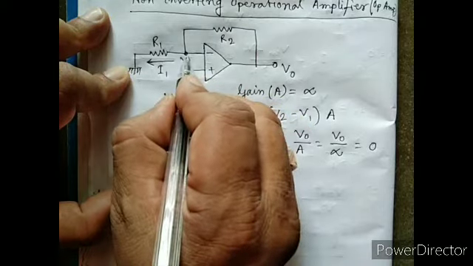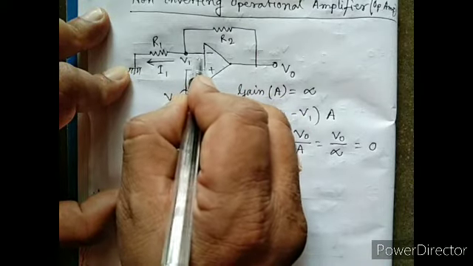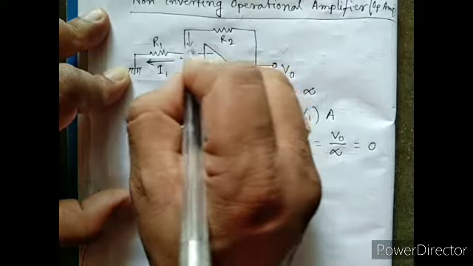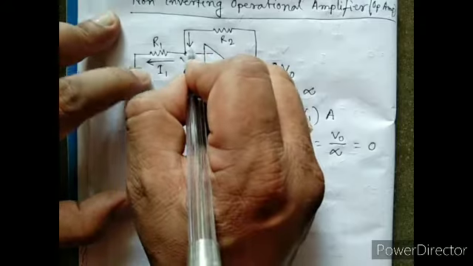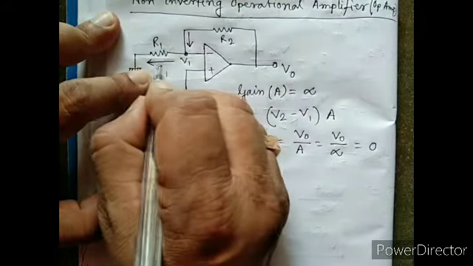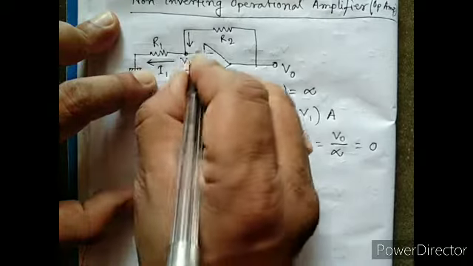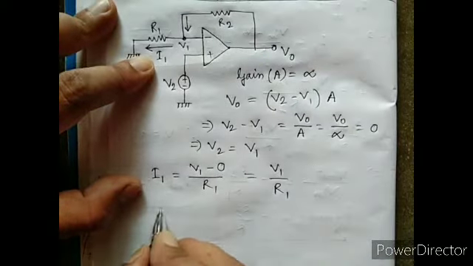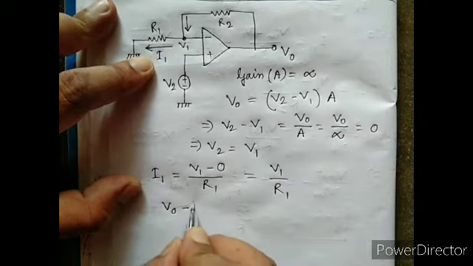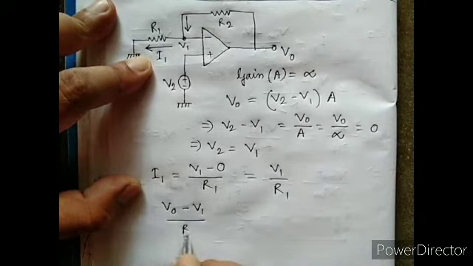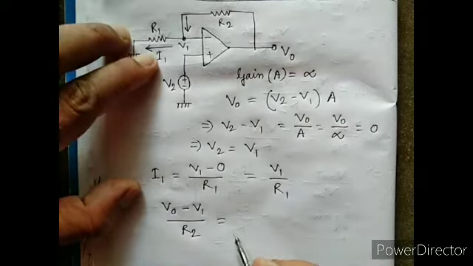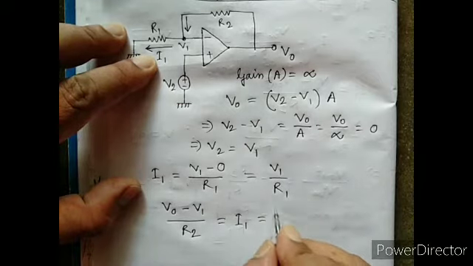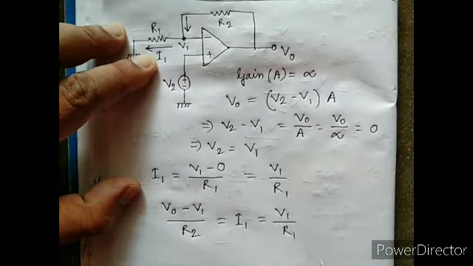So, no current will pass through this branch, and the whole current will pass through this branch only. So, the current through this branch will be equal to the current through that branch. If we find the current in this branch, we can write V0 minus V1 by R2, that should equal I1, which is nothing but V1 by R1.